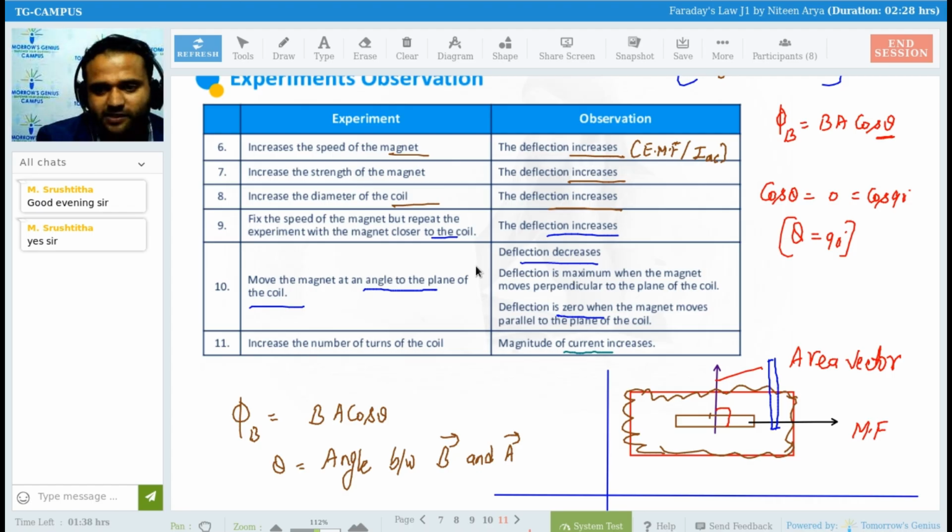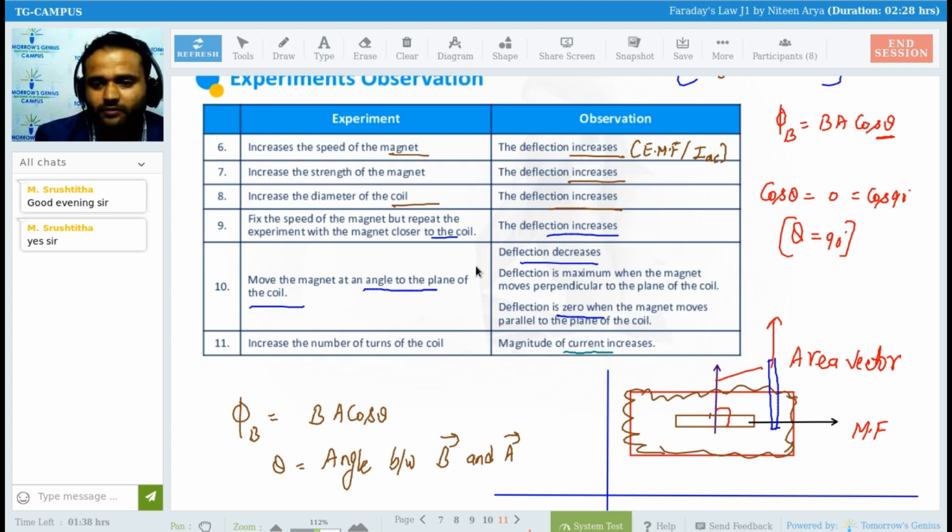Okay. So deflection is maximum when the magnet moves perpendicular to the plane. Perpendicular to the plane means this is your plane, and if it is moving perpendicular to the plane, what happens then? This is your magnetic field and this is your area vector.